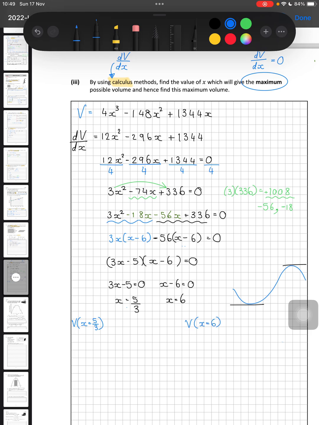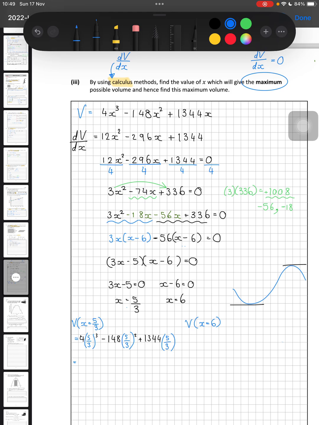Okay, so I'm going to sub back into this formula up here. I'm going to sub in for that and not do any of the maths. Plus 1344. So the first one I'm going to sub in for is 5 over 3 for x, and I'm going to get that volume.